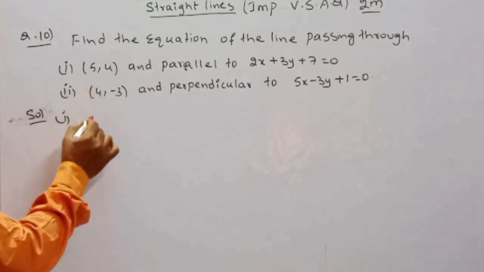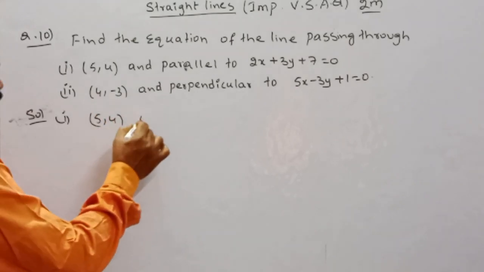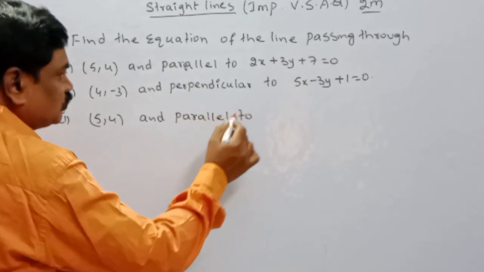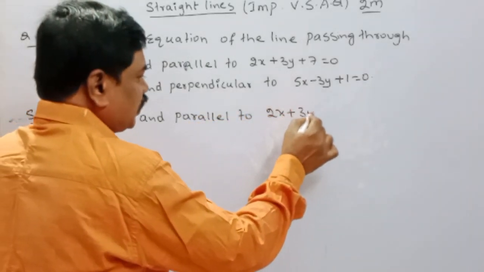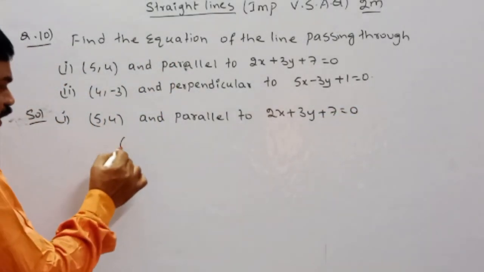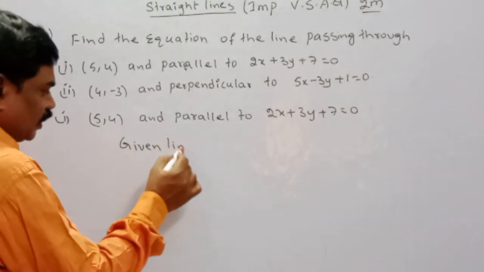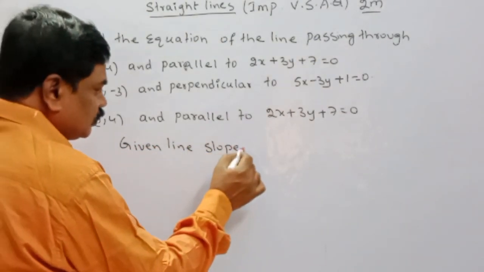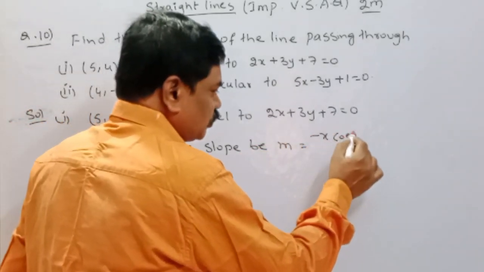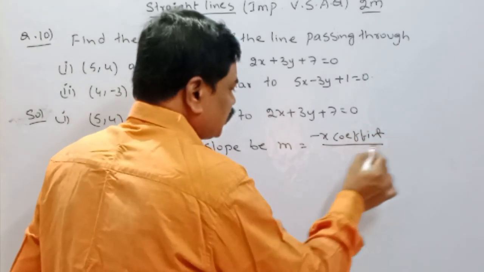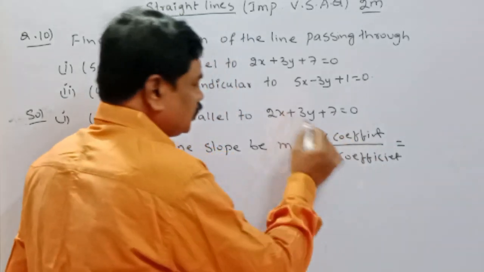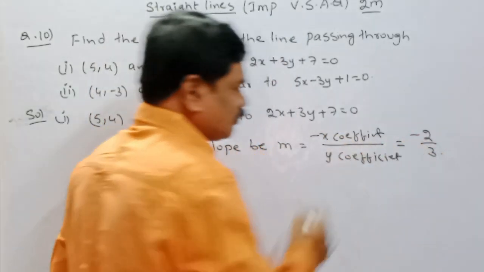First problem. Here, the line passes through (5, 4) and is parallel to 2x plus 3y plus 7 equals 0. So for the given line, the slope m equals minus x coefficient by y coefficient, equals minus 2 by 3.